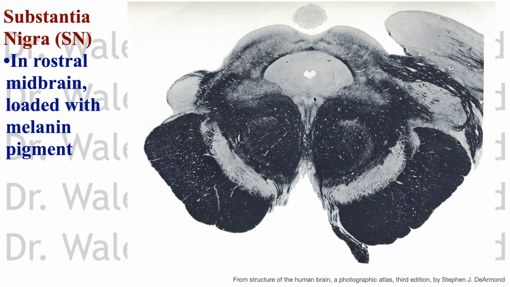Okay, this is the aqueduct of Sylvius with the periaqueductal gray, and this is the tectum of the midbrain. And in this section in particular, it shows the emergence of the oculomotor nerve. So this is the substantia nigra in the midbrain. It's called nigra because it's loaded with the melanin pigment.